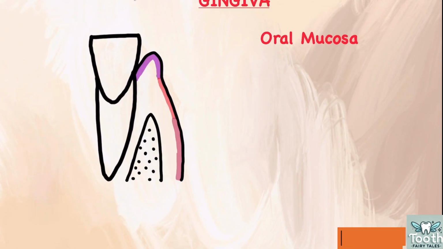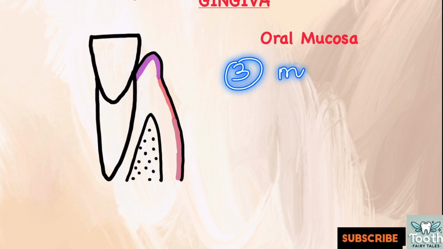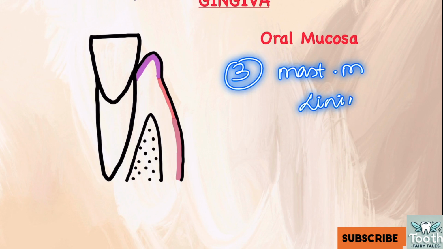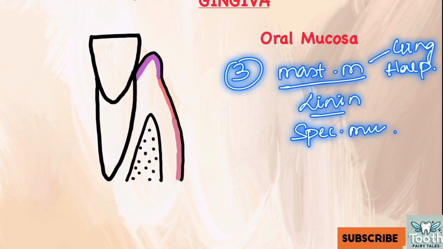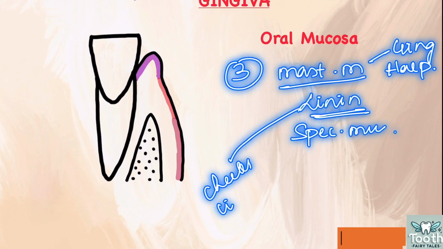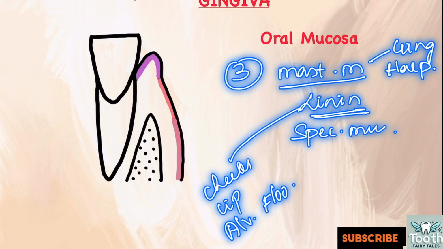Next, let us briefly discuss the zones of oral mucosa. Oral mucosa is divided into three zones: masticatory mucosa, lining mucosa, and specialized mucosa. Masticatory mucosa is involving the gingiva and hard palate, whereas lining mucosa is covering the areas like cheeks, lips, alveolar mucosa, and floor of the mouth.